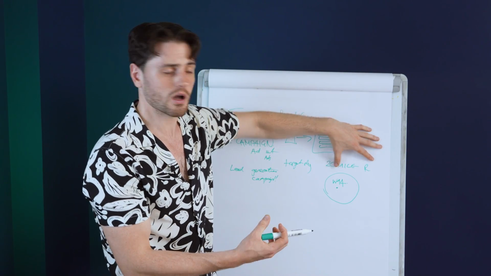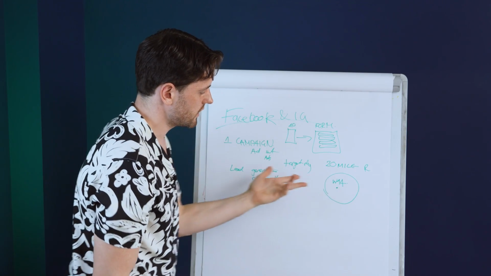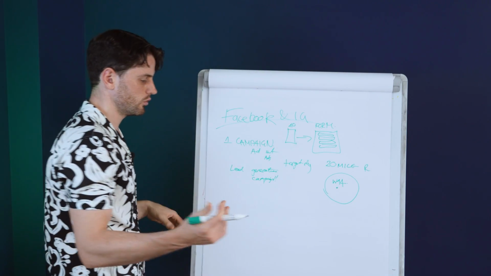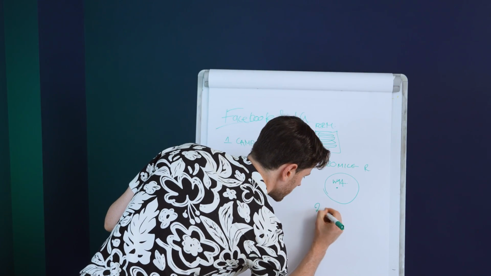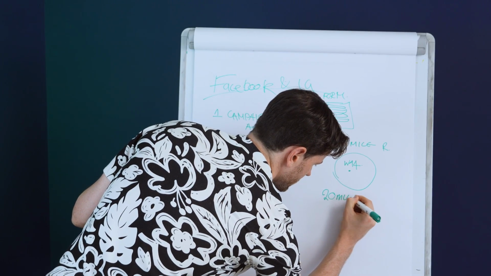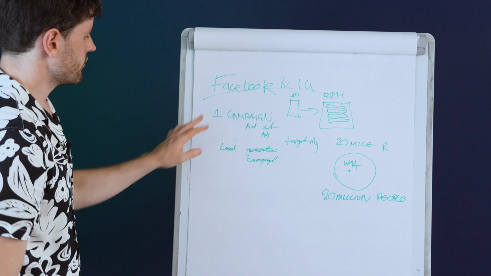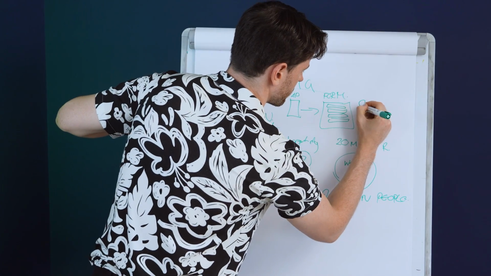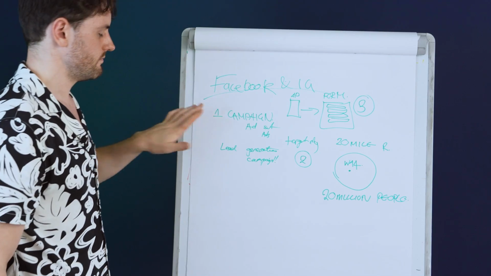But let's say you're a big national company. Well, a 20-mile radius here from W14 is all of London, and then obviously a lot more than that. So that's actually probably like 20 million people. So we've got 1 here, and then we've got 2, and then we've got 3 in that kind of order.